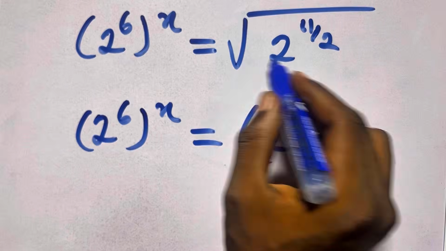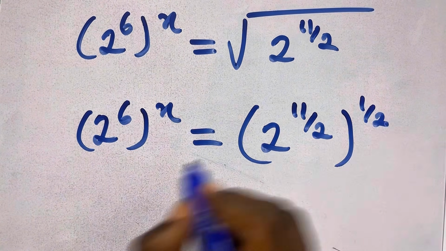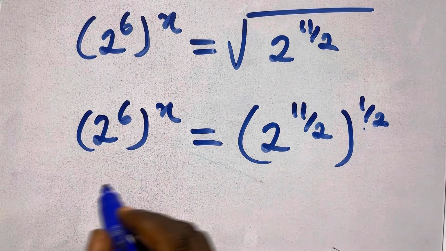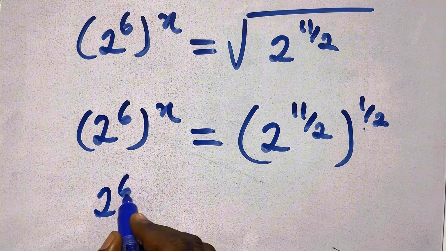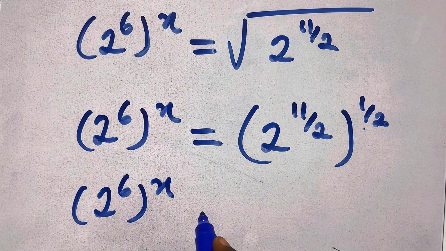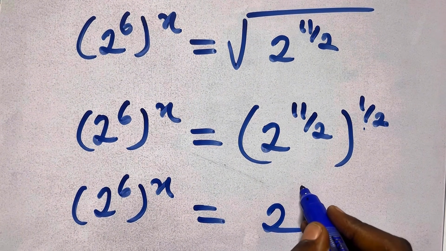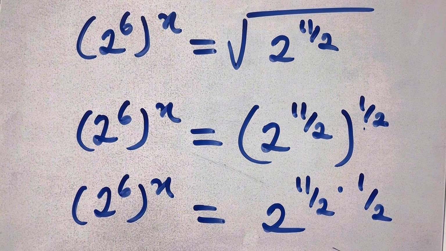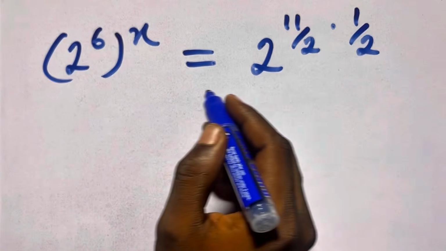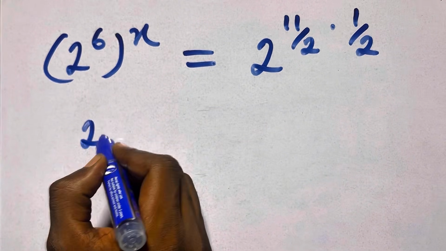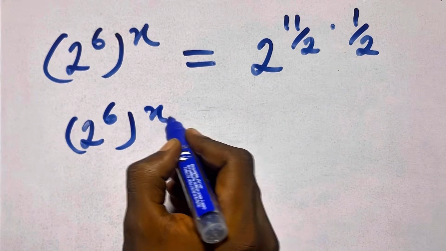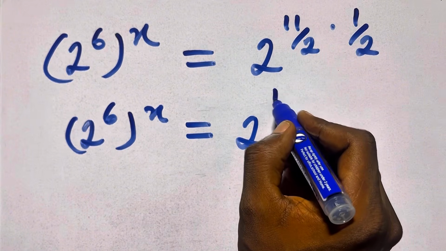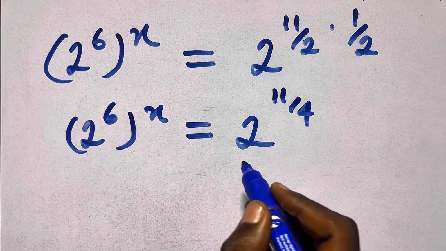Then this square root will turn into the power of 1 divided by 2. Remember the power law I said earlier, we have to multiply the powers there. So we have 2 raised to power 6, raised to power x, equals 2 raised to power 11 divided by 2 multiplied by 1 divided by 2. Multiplying this together, we have 11 divided by 4.